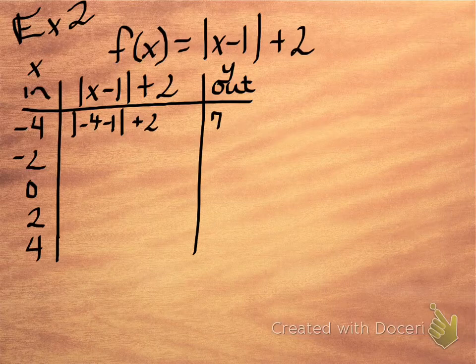I'm going to go ahead and calculate each of these before we go over and graph. The absolute value of -2 minus 1, plus 2: that gives me -3 that I take the absolute value of, so +3 comes out, plus 2 is 5.